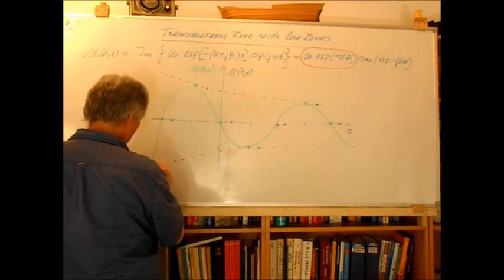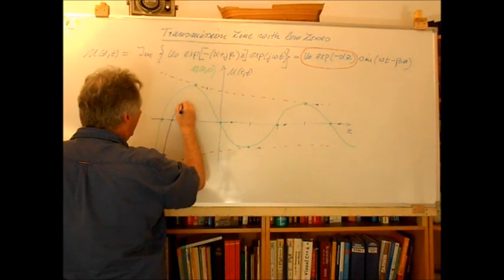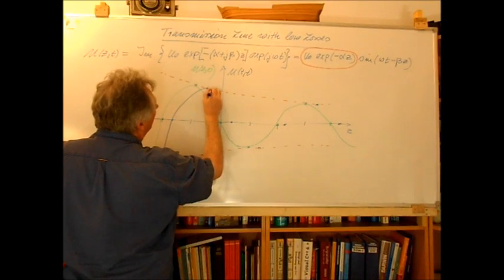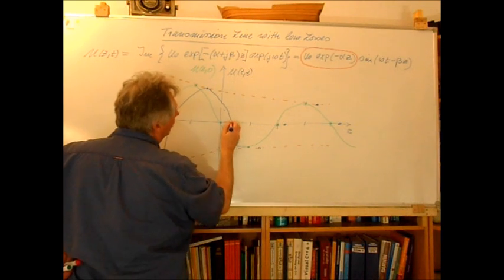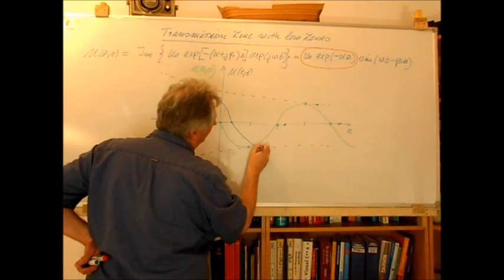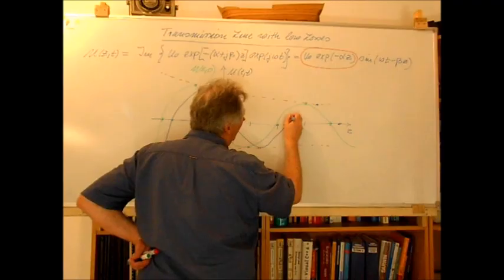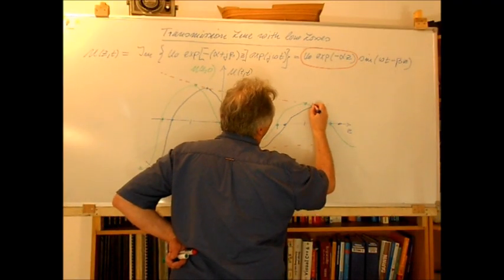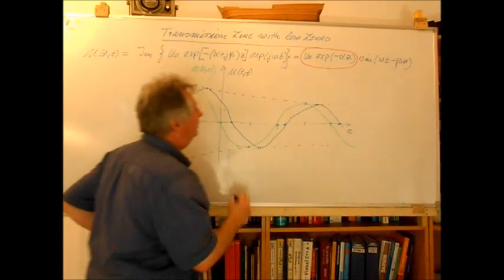This means the amplitude of our wave will decay as the wave propagates along our z direction.